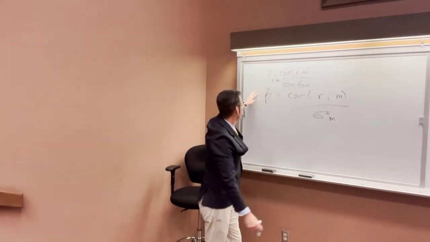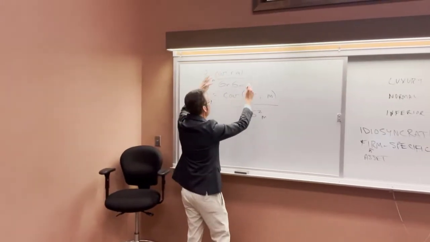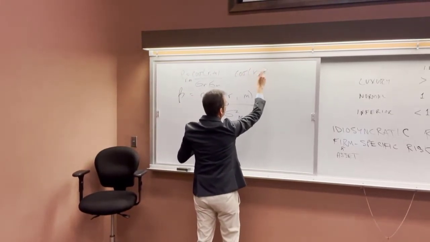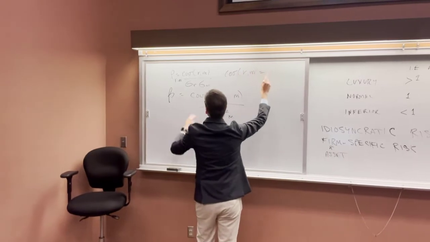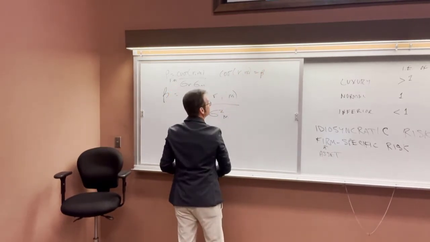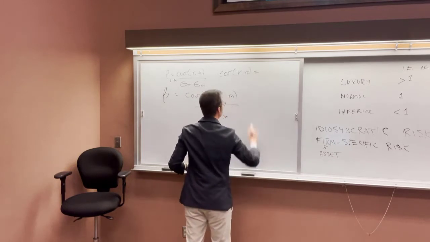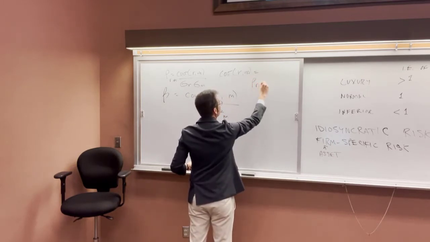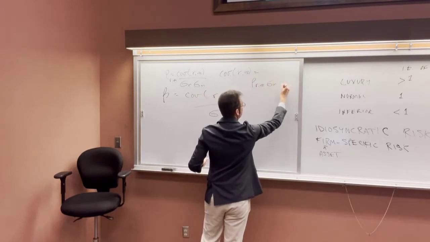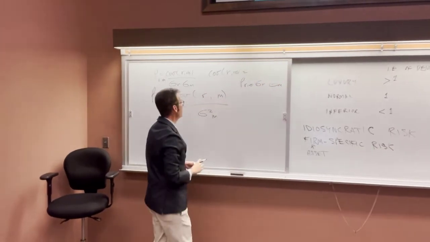You can rearrange this and say the covariance of the return of the stock with the returns on the market is rho times the standard deviation of returns on the stock and the standard deviation of returns on the market.